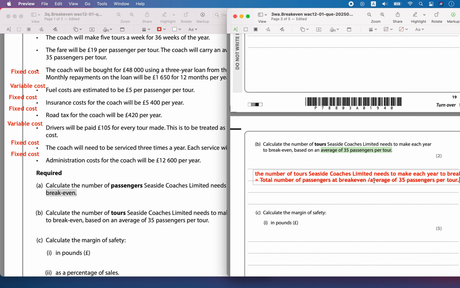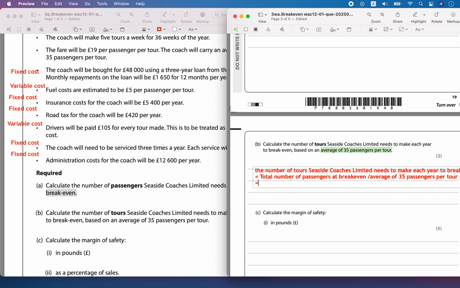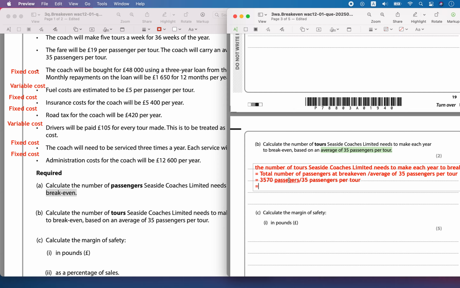So 3570 passengers divided by 35 passengers per tour is equal to 102 tours.